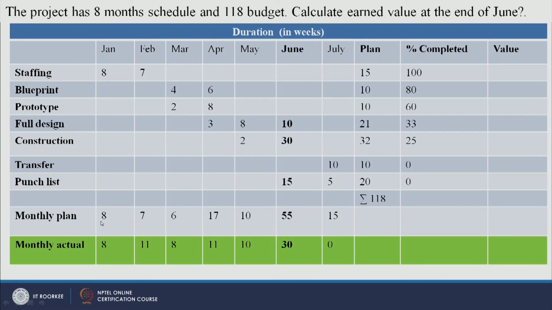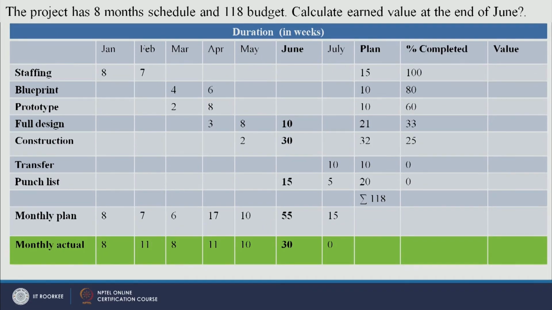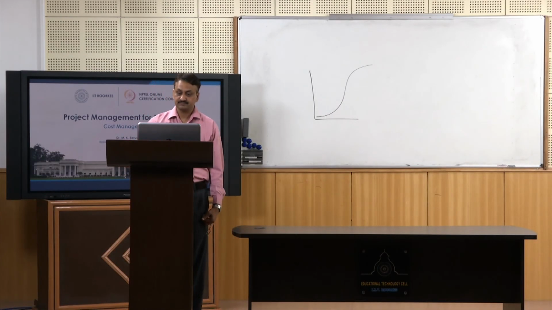So, cumulative monthly plan is 8, 15, 21, 38 and so on, right, and the cumulative monthly actual was 8, 8, 19, 27, 38, 48, right, isn't it. So, these are cumulative values, right.